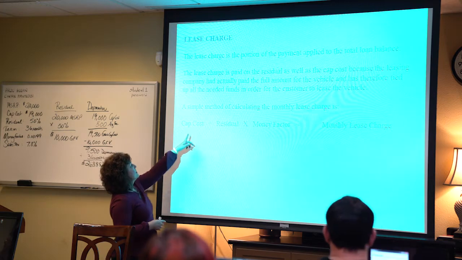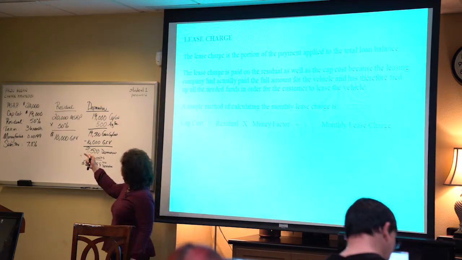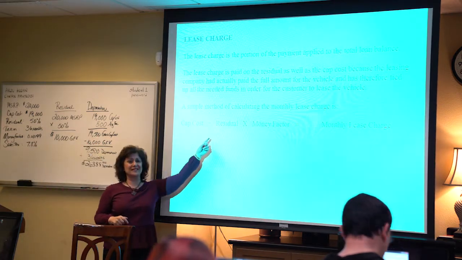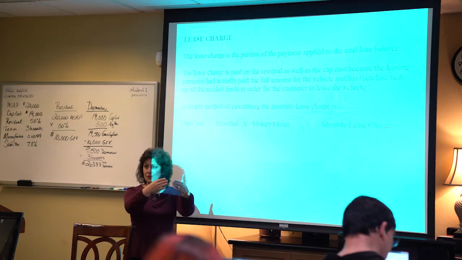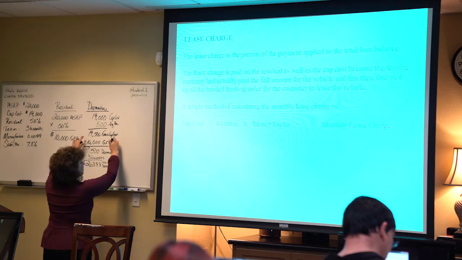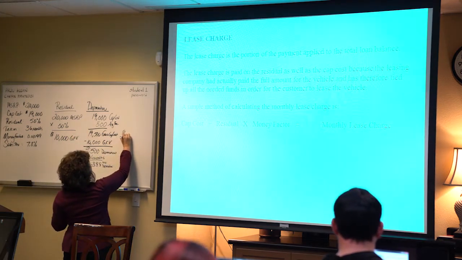The simple method is you take your cap cost, which we've already figured, and now you add the residual. Because remember, the car's out there for 3 years, and the lender's waiting for it to come back. The same two numbers you subtracted will be the same two that you add.